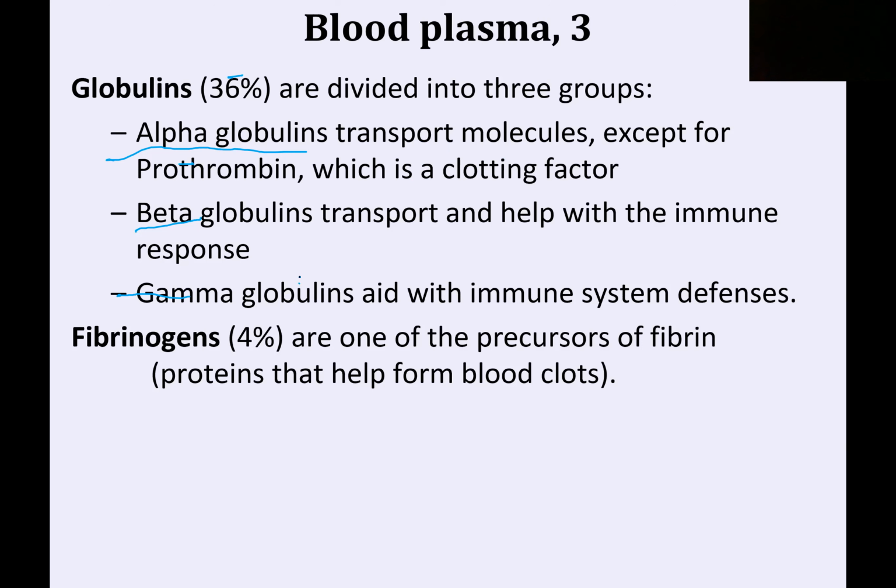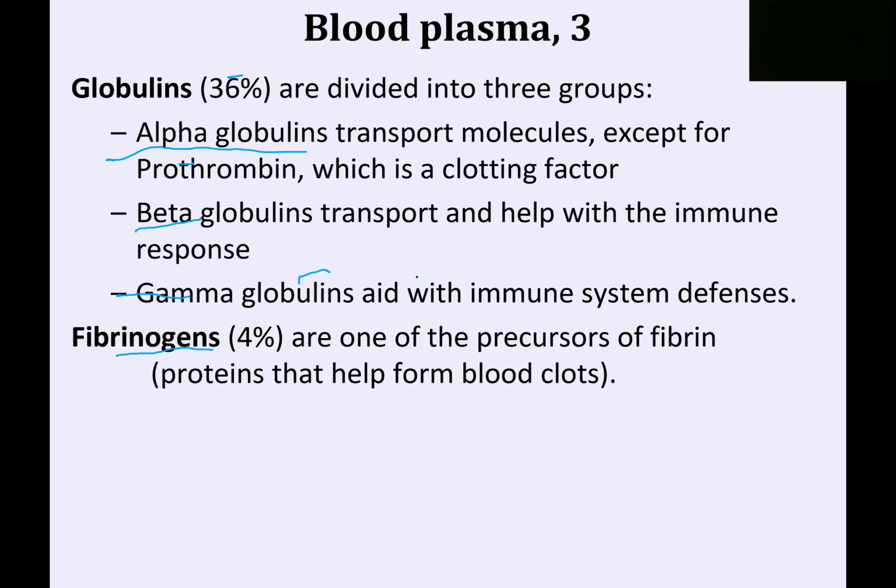The third group are the fibrinogens. Fibrinogens account for 4% of the plasma proteins. They are also a clotting factor. Now, in fibrinogen, you have an ending, OGEN, so it's going to get altered to an active protein.